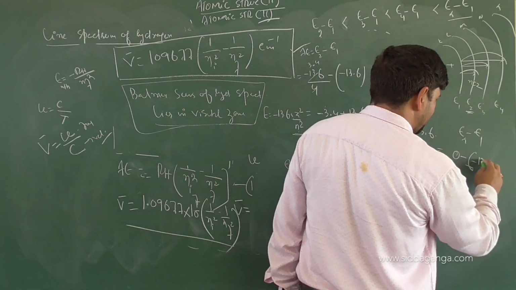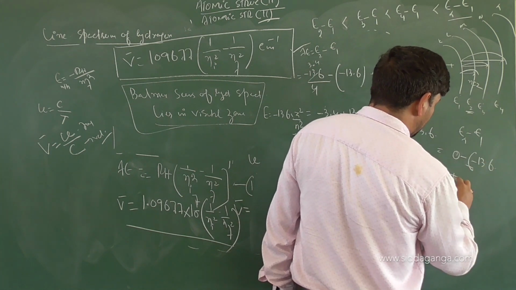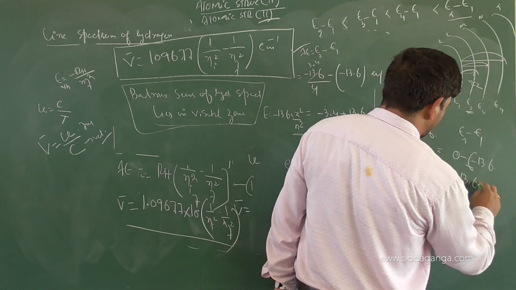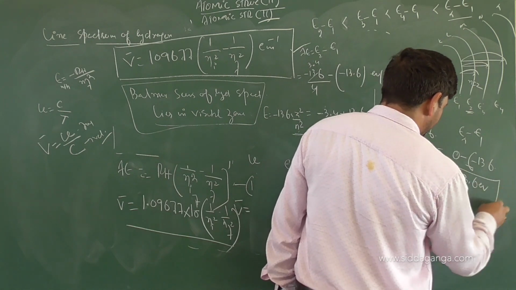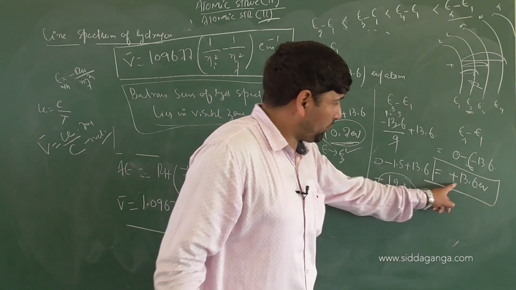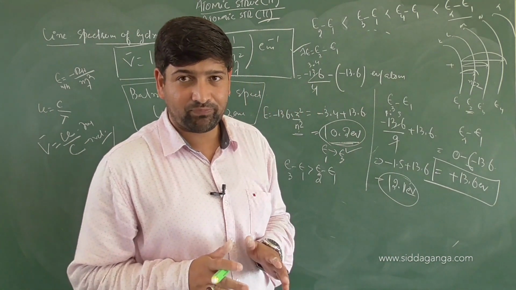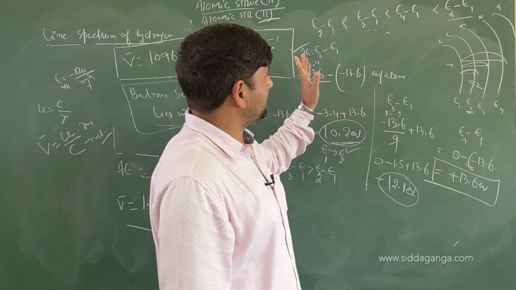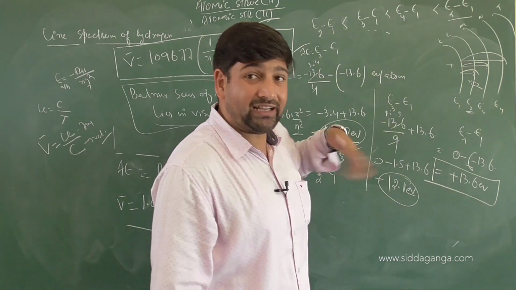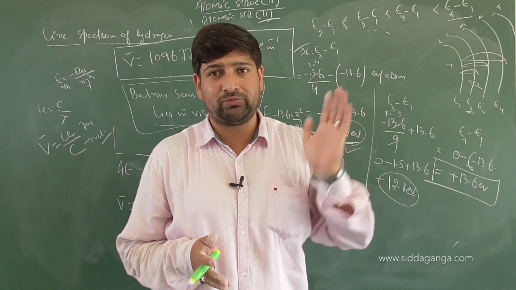Minus of minus 13.6 will be plus 13.6 electron volts. So when you are giving 13.6 electron volts of energy to a particular electron in hydrogen, it will be ionized out, meaning the electron will be sent out of the atom itself.